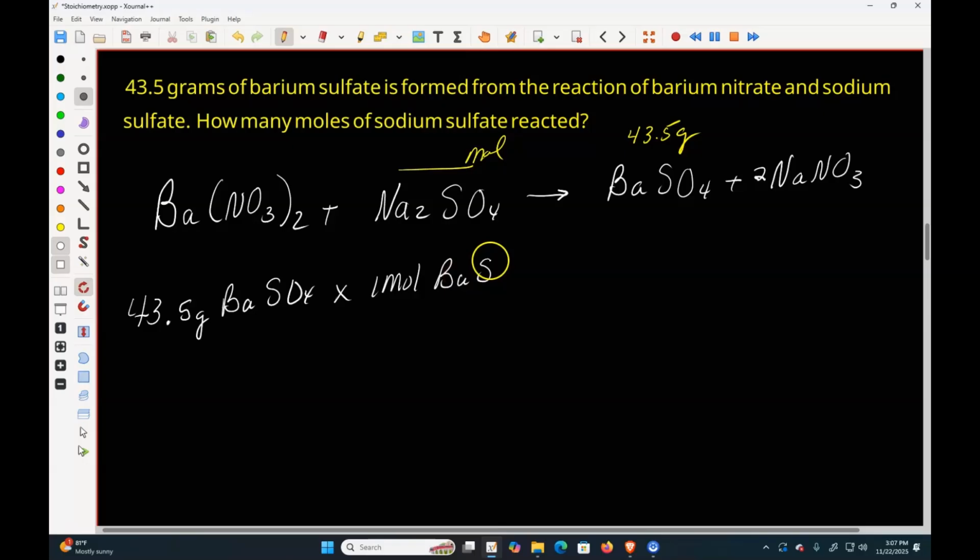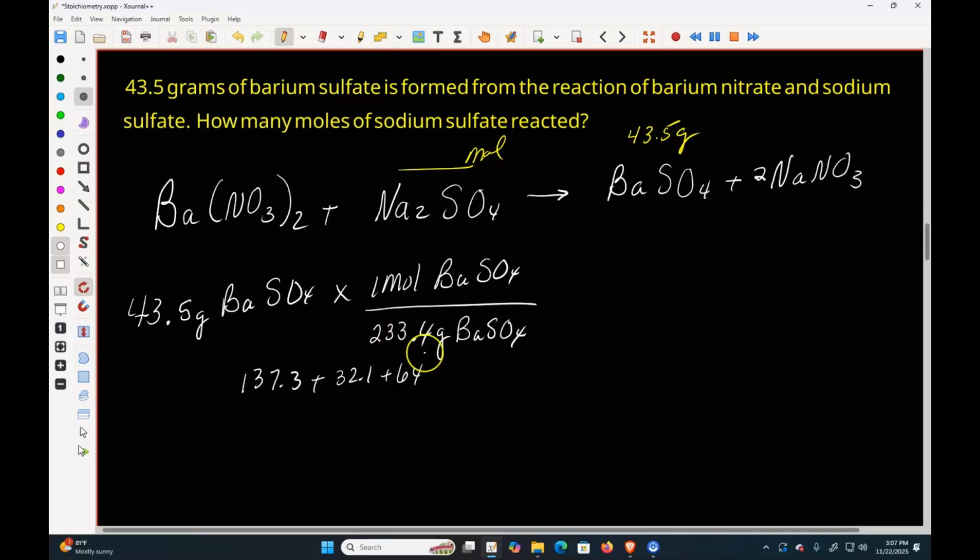So 1 mole of barium sulfate over the molar mass. Okay, barium is 137.3. Sulfur is 32.1. 4 oxygens is 64. So that has to be 233.4 grams of barium sulfate.